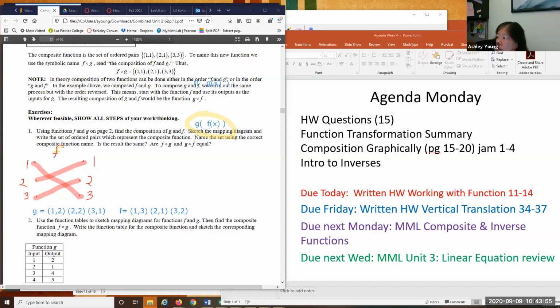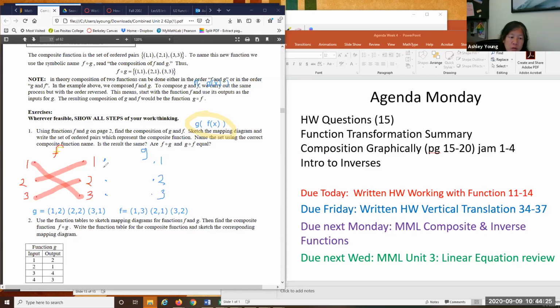So G, let's see, we've got G over here. You're supposed to kind of rewrite these. I like to just use this as the last part of my G personally. So G would take me from my spots 1, 2, and 3.